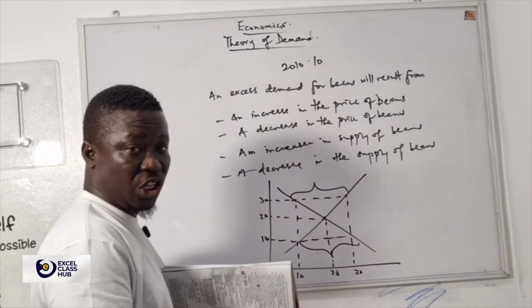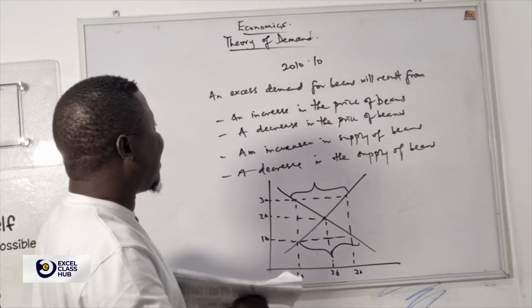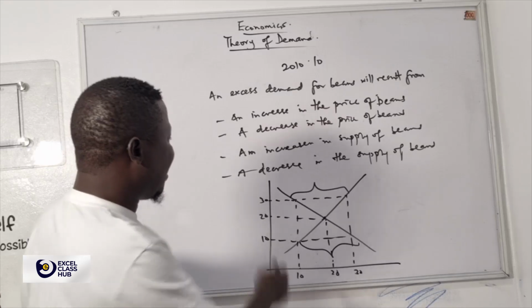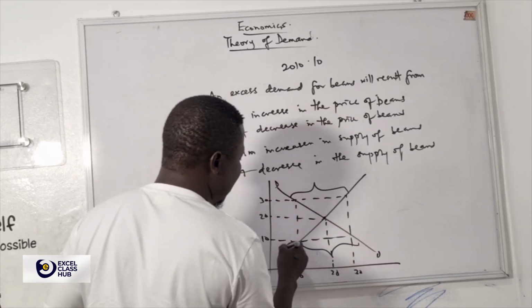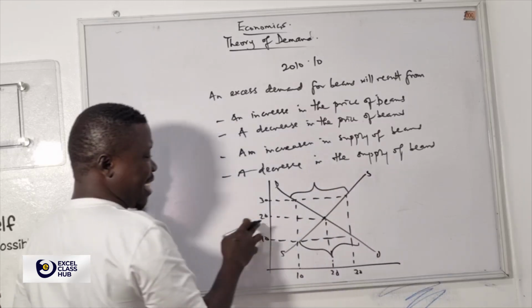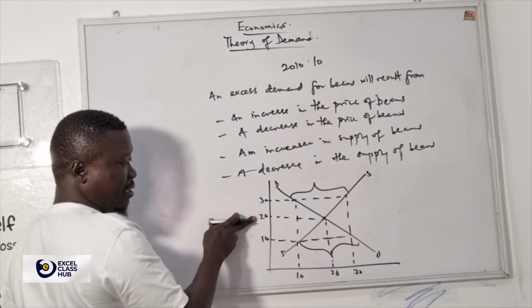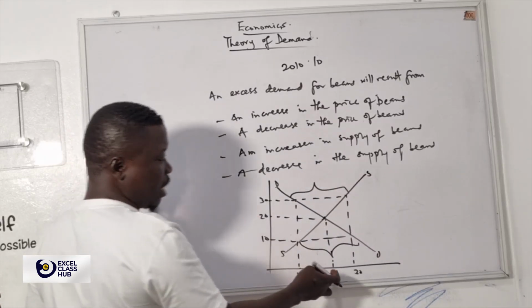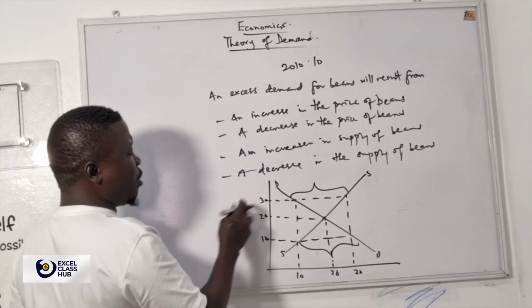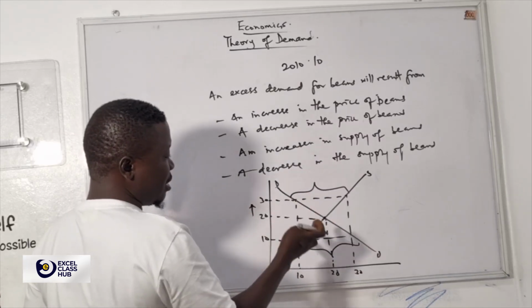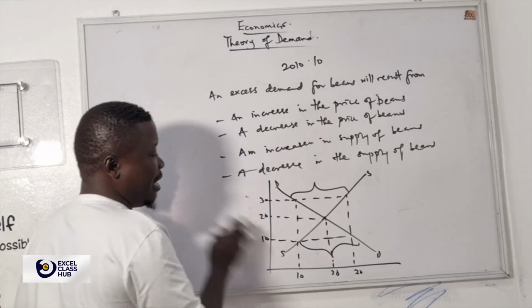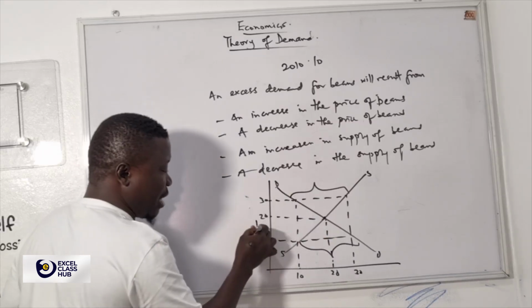I'm only giving this as an illustration. And excess demand for beans. This is the demand curve here, and this is the supply curve here. Let's assume that quantity is at 20. If there's excess demand, it means that the price has fallen.